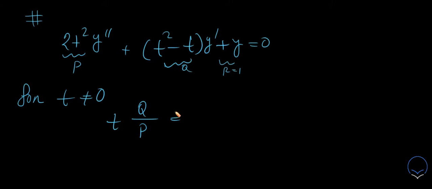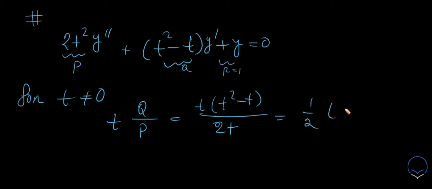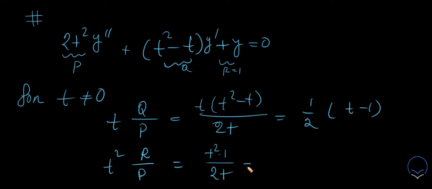So this will be t into (t square minus t) divided by 2t, which is just 1/2 of (t minus 1), right? And t square by rp is nothing but t square times 1 by p, which is 2t, and this is just t.